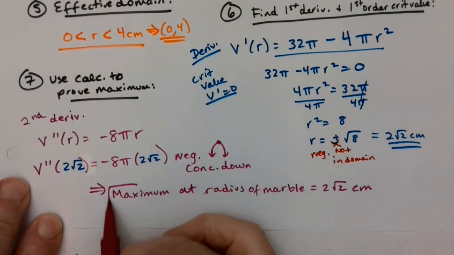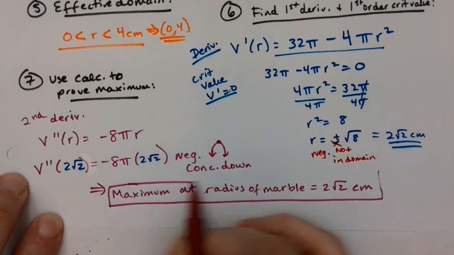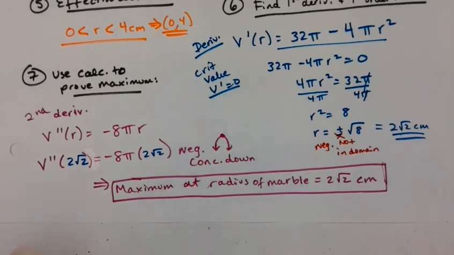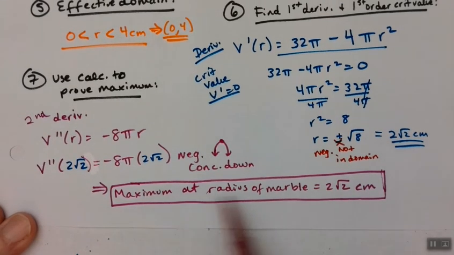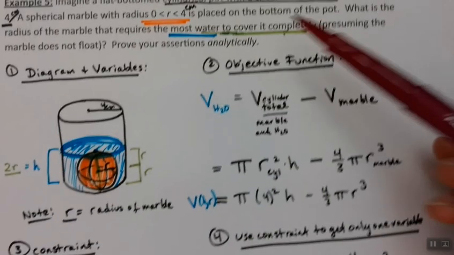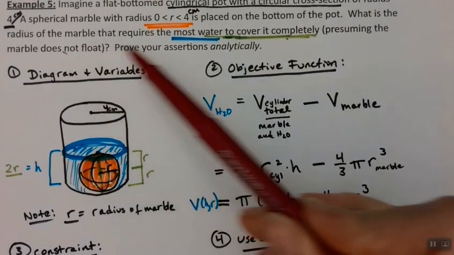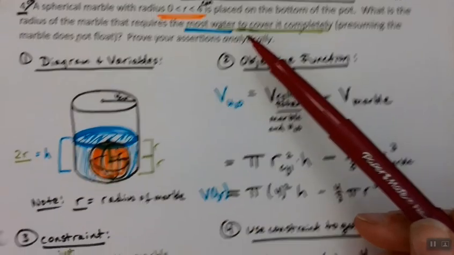Sorry. And we just proved it because that second derivative was negative. And they did not want to know the volume of the water, if you look. So they only wanted to know the radius of the marble, and we did that. What's the radius of the marble that required the most water to cover it completely, right?